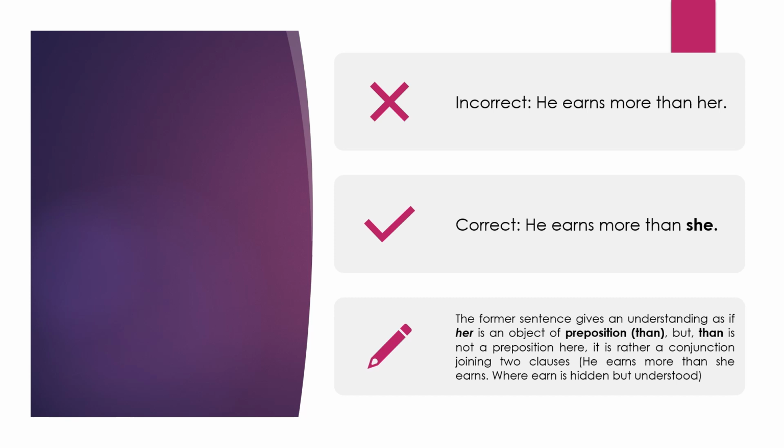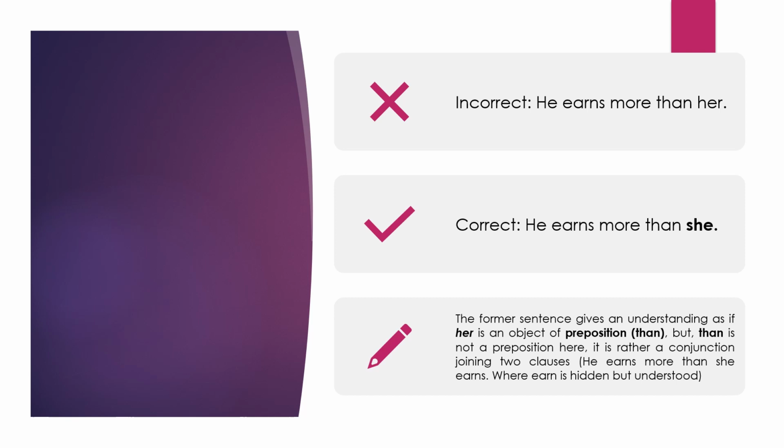He earns more than she earns. So "she earns" in the sentence is silent but is understood. Therefore, the easiest way to interpret would be to spot the words. Whether it is a preposition or a conjunction. The words like than, if they're acting as a preposition, then you can have objective case, him, her.